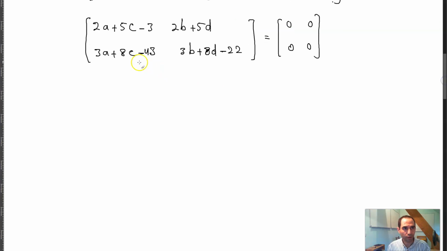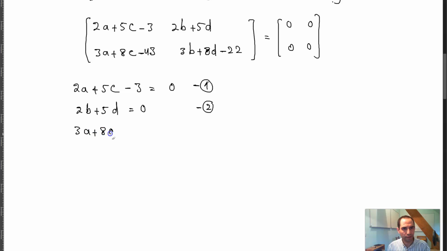Based on that we get some equations. So 2a plus 5c minus 3 is equal to 0, equation number 1. 2b plus 5d is equal to 0, equation number 2. 3a plus 8c minus 43 is equal to 0, equation number 3. And 3b plus 8d minus 22 is equal to 0, equation number 4.